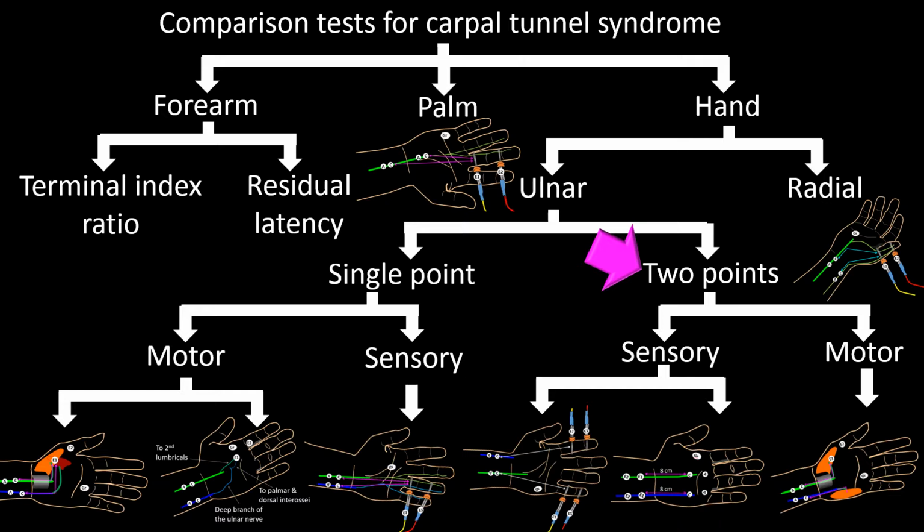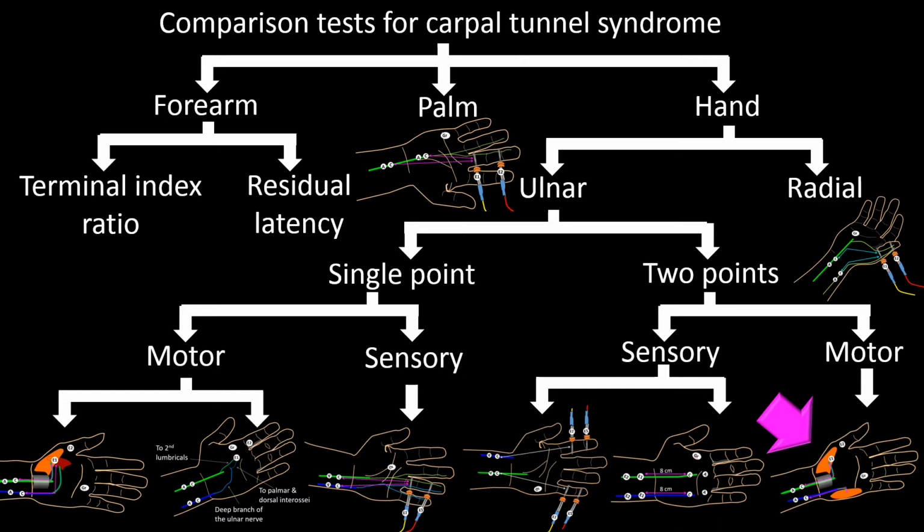This method refers to recording from two different sites after stimulating each nerve separately at a similar distance between E1 and the cathode. This can be done involving motor conduction, recording from the abductor pollicis brevis for the median nerve and from the hypothenar region after ulnar stimulation.